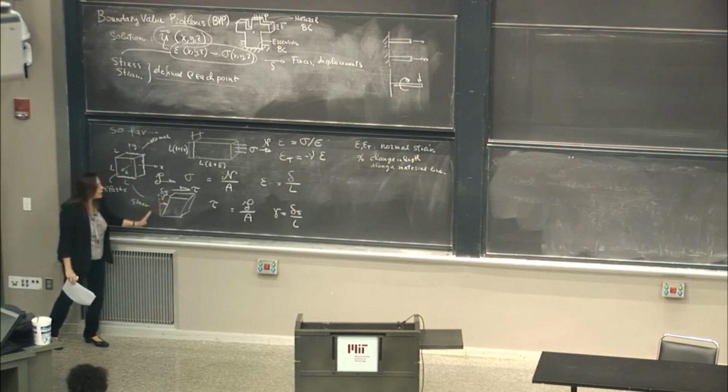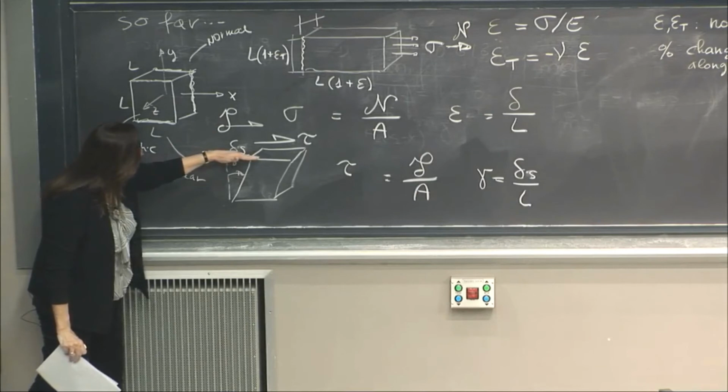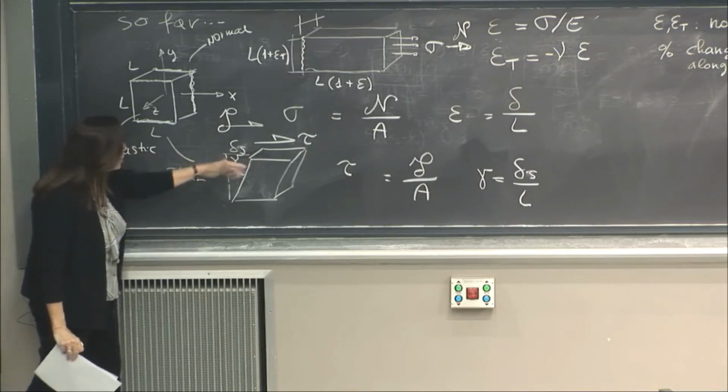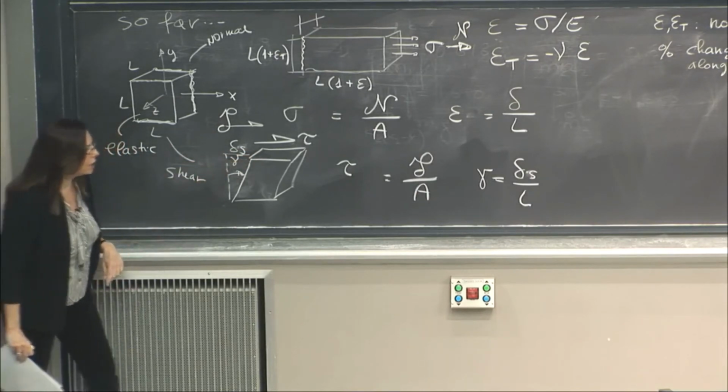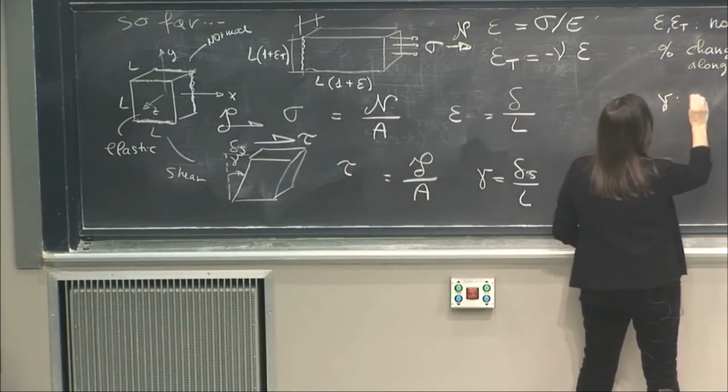So the shear strain gamma, I define it as the transverse deflection divided by the original length.